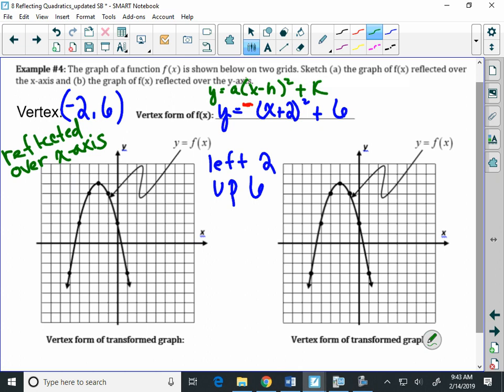And again, maybe you want to use a different color, but what I'm going to start with is the vertex, which again the point is -2, 6. So if we reflect that over, we're going to be turning this graph the other direction. We went to the left 2, and we went up 6. We're going to go to the left 2, and we're going to go down 6.